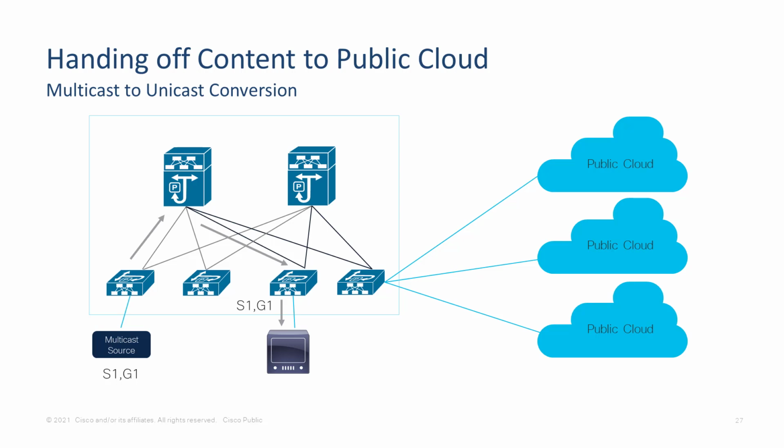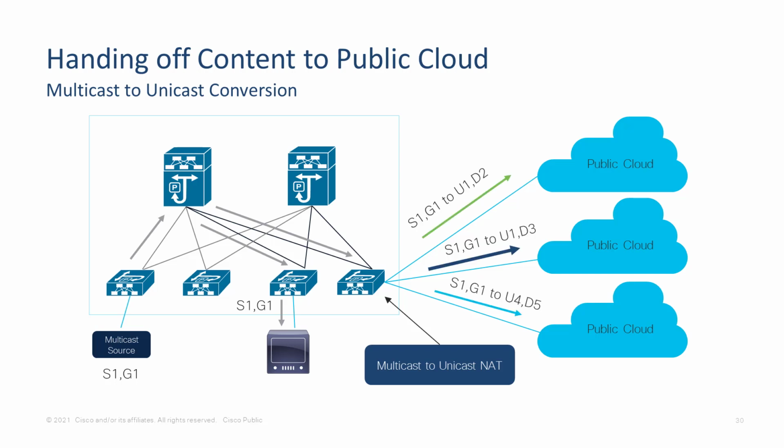Now, if they want to use some services provided by the public cloud, often these sources were converted to unicast externally and then sent to the public cloud. Now, with this feature being supported on the Nexus 9K, our customers can convert a multicast flow to unicast flows. In fact, create multiple copies of that same flow and ship it to the public cloud.